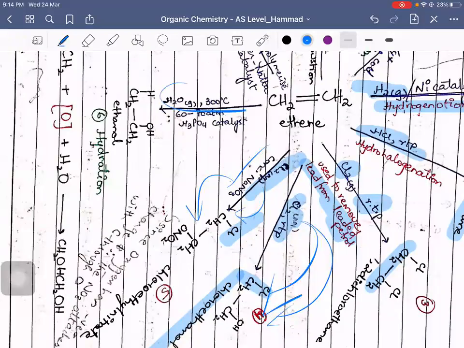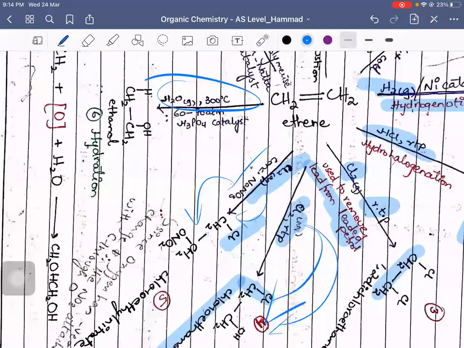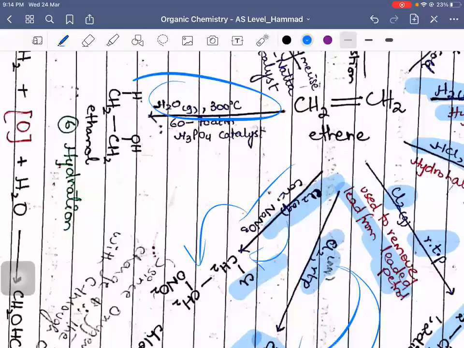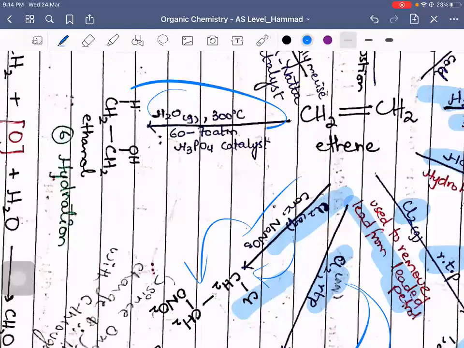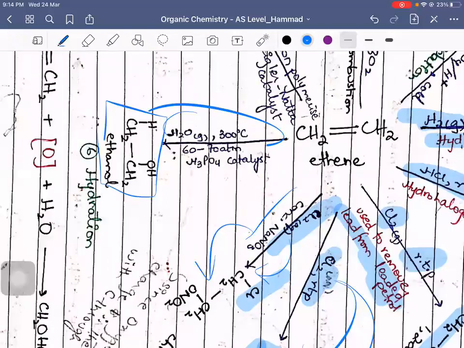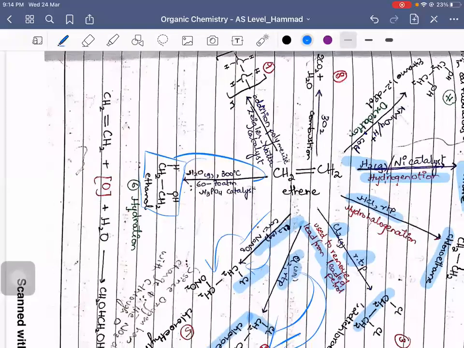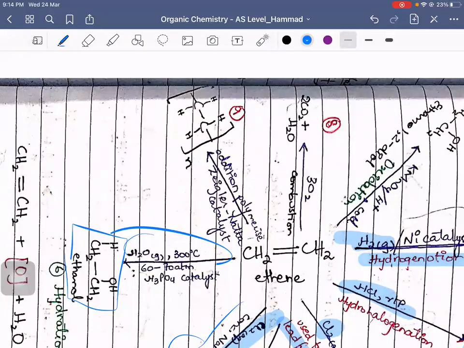If I am adding water at 300 degrees Celsius, 60 to 70 atm pressure, and H3PO4 catalyst is used, I end up producing ethanol. Alkenes undergo addition polymerization. Ziegler-Natta catalyst is used in this respect, right?